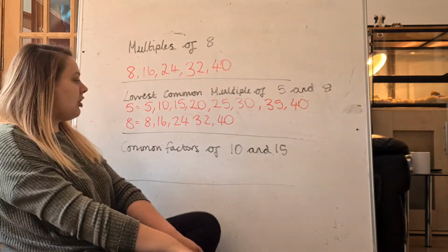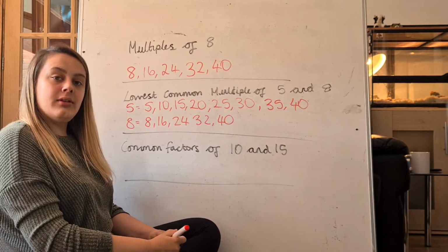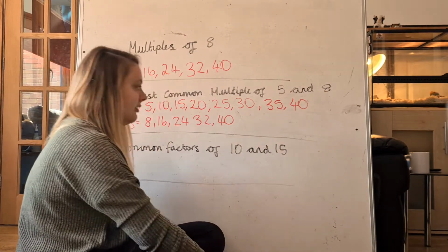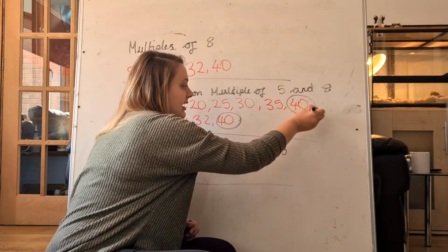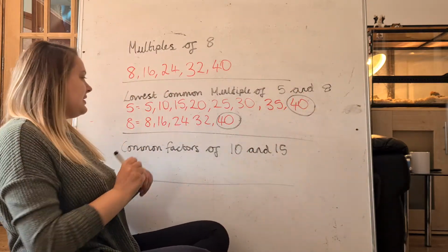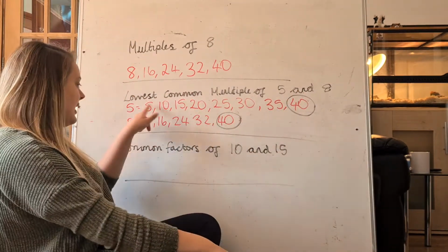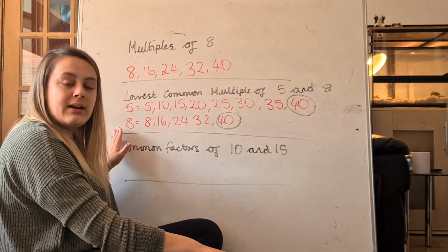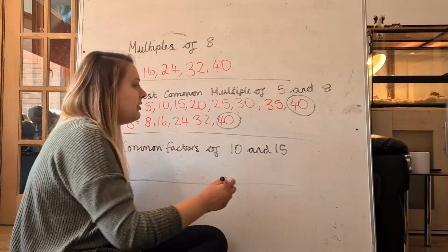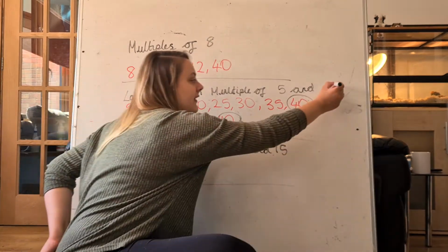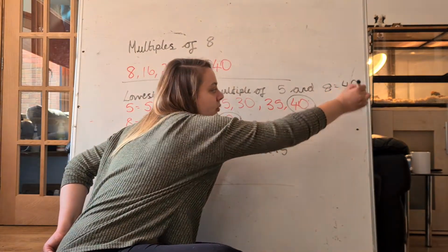Can you see any common multiples there now? You can, which one? Fantastic, we can spot 40 is the common multiple. Is it the lowest common multiple? Do we have anything else which comes lower down, which is a smaller number? No, brilliant. So the lowest common multiple of 5 and 8 is 40.